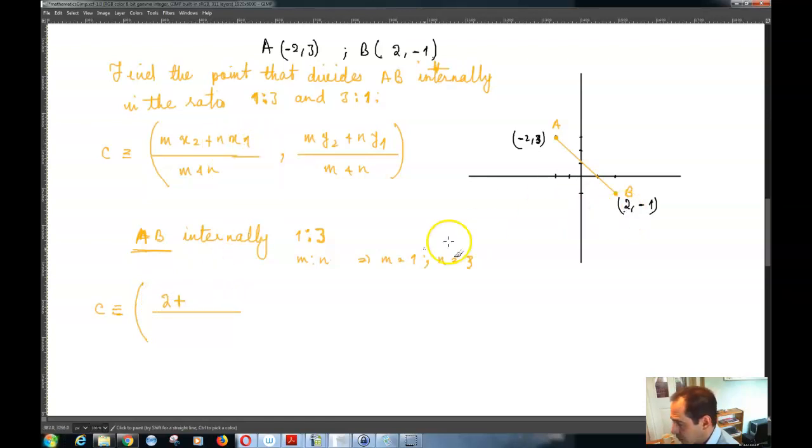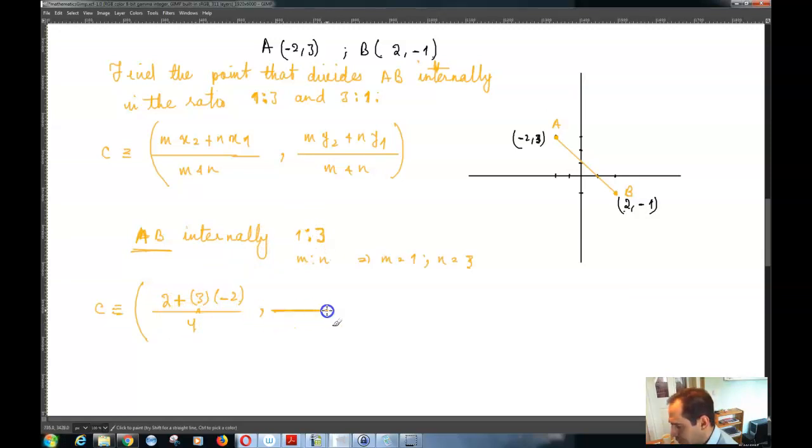And n x1, so n is equal to 3, x1 is equal to -2, 3 times -2, over m plus n. m plus n is equal to 4. So 1 plus 3 is equal to 4.